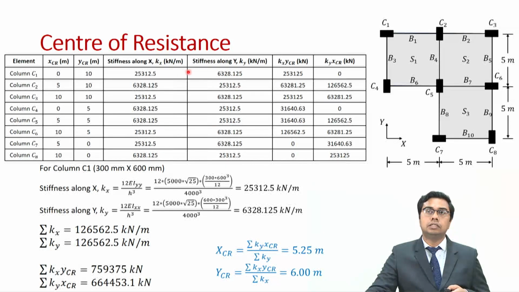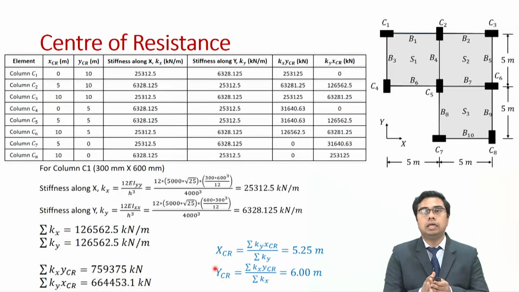After finding the stiffness along x and y, that is kx and ky, we will multiply kx with ycr and ky with xcr, and it will be more clear why we are doing that. When you are trying to find the x coordinate of the center of resistance, you divide the sum of products of ky with xcr by the sum of all the stiffnesses along y.